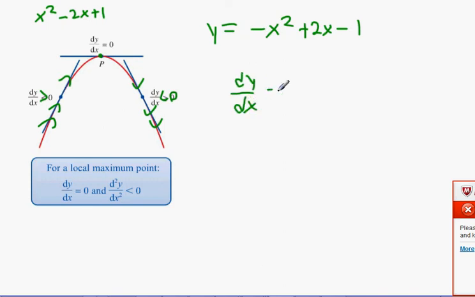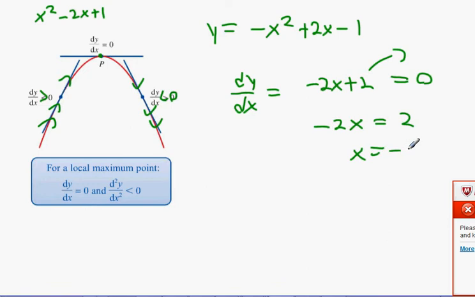If I differentiate it, I get minus 2x plus 2 equals 0. Solve it, and minus 2x equals minus 2, so x equals 1. This means the turning point takes place at x equals 1.